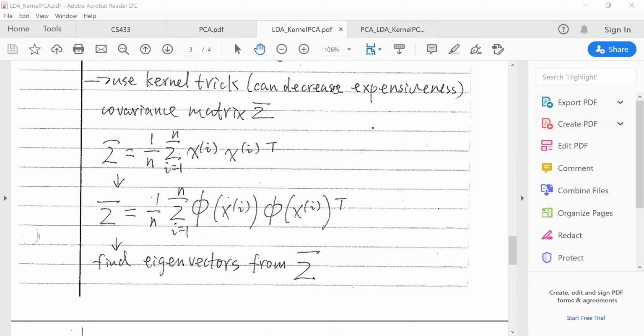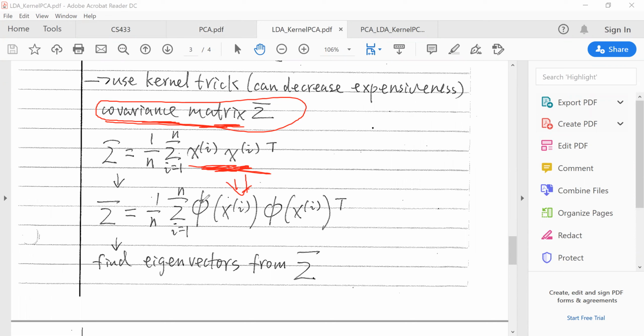And once you achieve the kernel trick, for PCA, what you care about is the covariance matrix. This time, it's not your original feature space, you need to do the transformation.